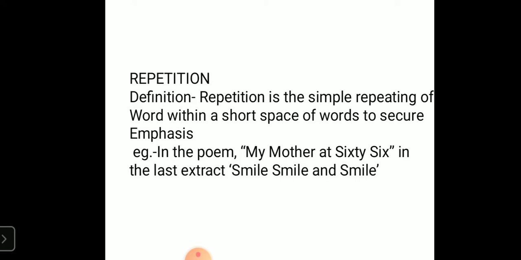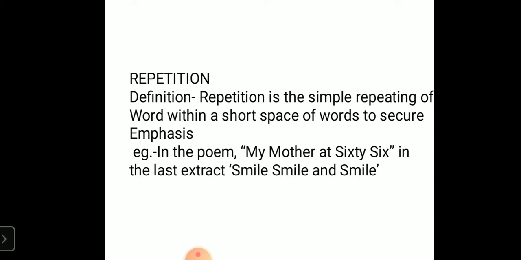When the whole word is repeated in a short space of words, right? In a poem you must have seen either it has 5 to 6 words, or 7 to 8 words maximum in a line, right? So in a short space, if we have the repetition of the word, then it is called repetition.